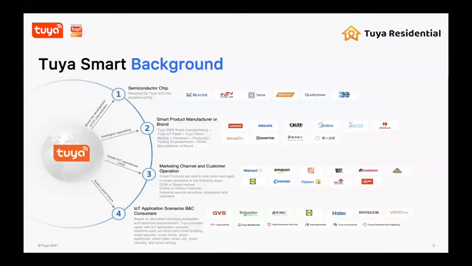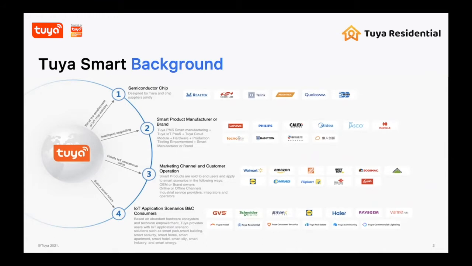So, some background about Tuya for those of you who don't already know. As an open and diversified developer platform, Tuya Smart connects different industry players such as chip manufacturers or brands, software vendors, channels, and more, and empowers them with its IoT capabilities that can bring about a change of business models.